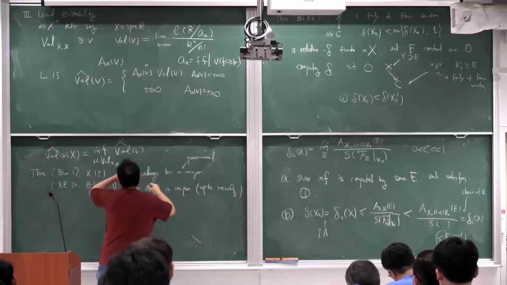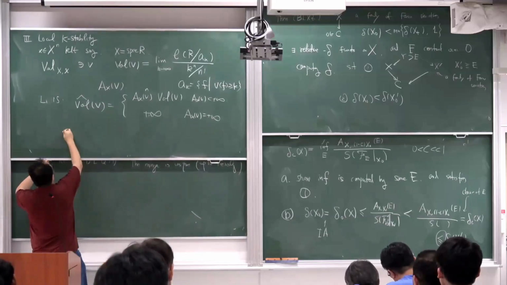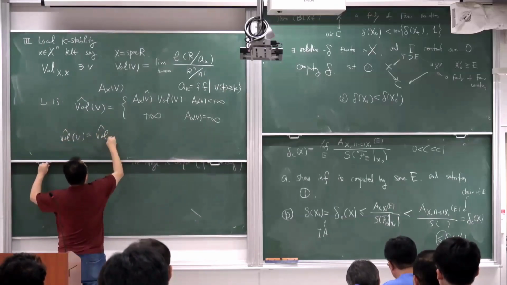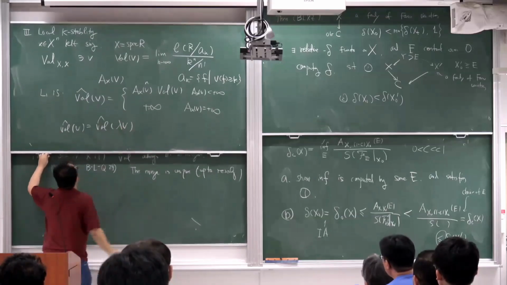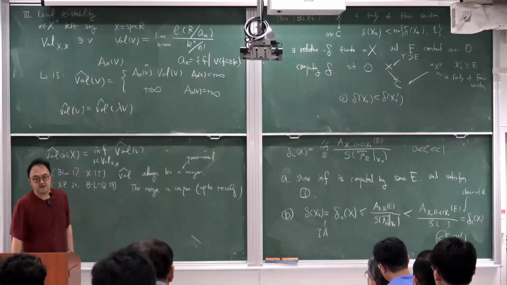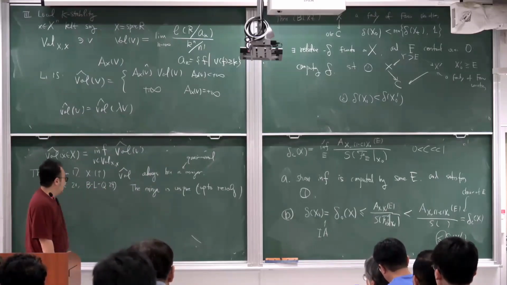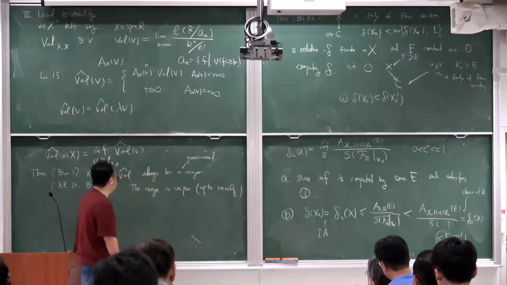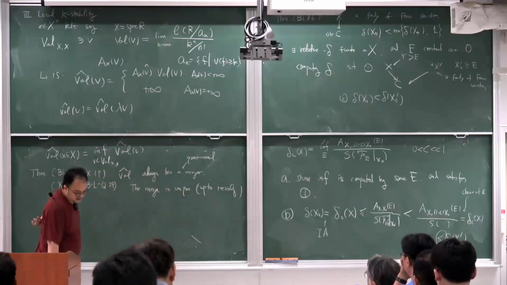One can easily check that volume of V is equal to volume of lambda V. So in other words, again, this function is defined on a slice of the valuations modulo rescaling. And we show that except for the rescaling, the minimizer is unique.